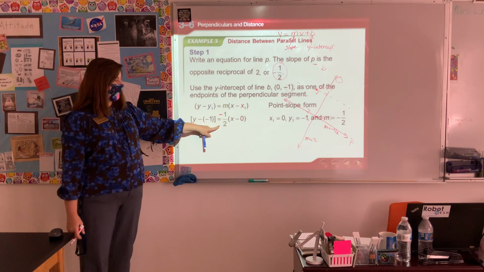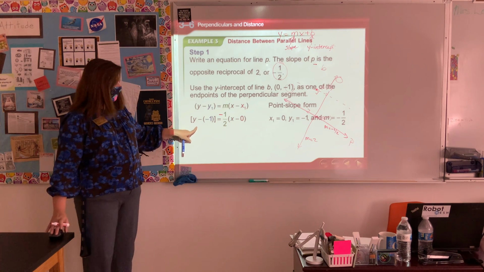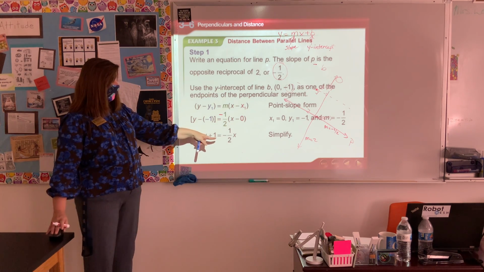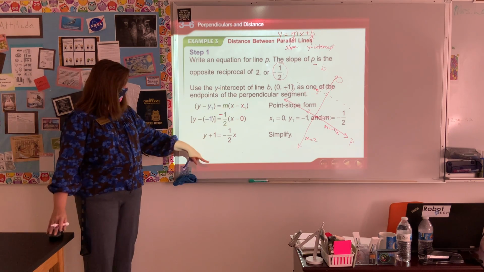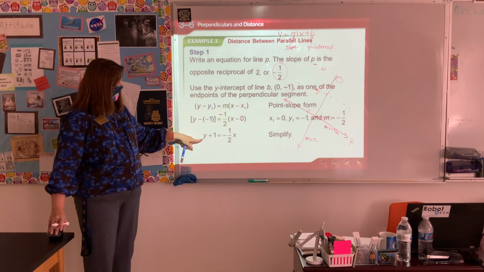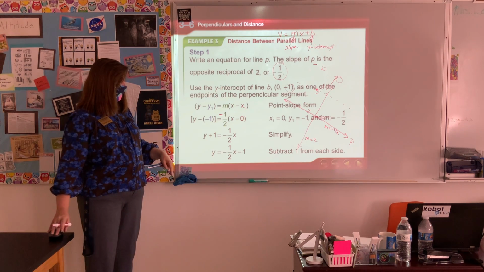Okay, -1/2 times (x minus 0). That simplifies. Y plus 1 is equal to -1/2 x. They did catch themselves there, and to put it into y equals mx plus b, y is equal to -1/2 x minus 1.